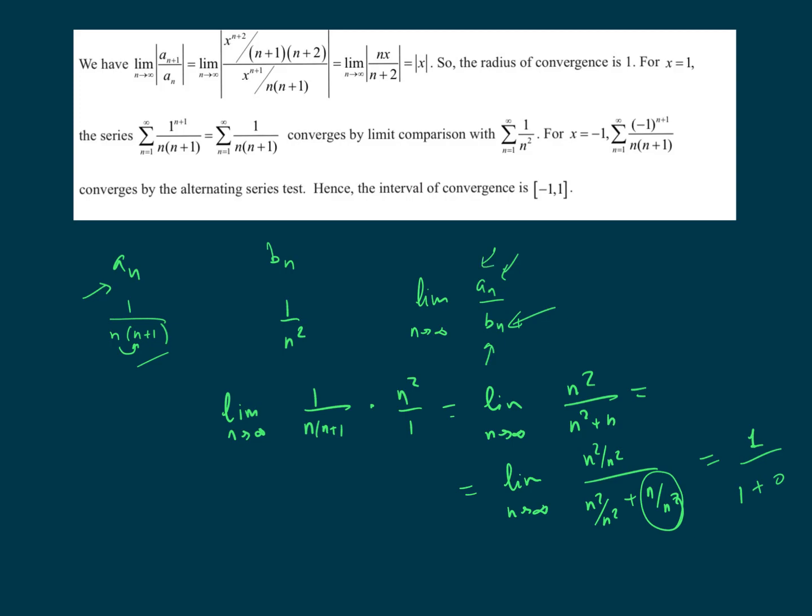What is happening to v sub n? It converges, because 1 divided by n squared is a p series that converges. So a sub n converges. So when x equal 1, it converges.